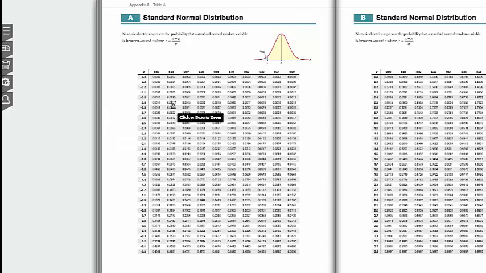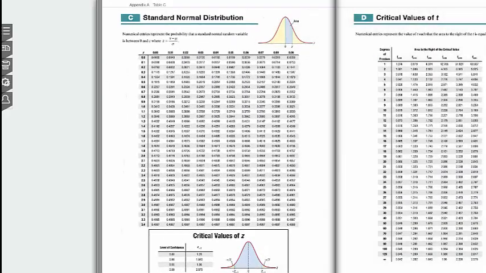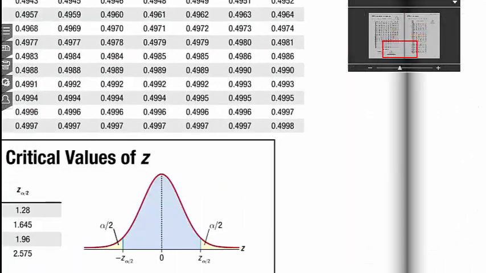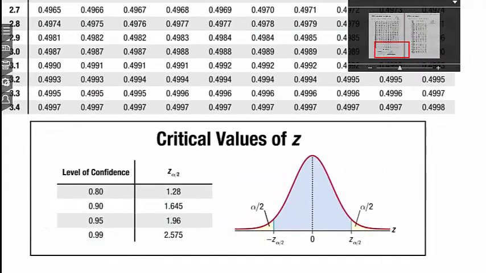Conversely, if you go over one page, down at the bottom of this particular page, you're going to have these critical values of z. Note that this is alpha divided by 2 on each side. Here you see the 1.645, which is where we want to be, but it's at a 90 percent level of confidence.